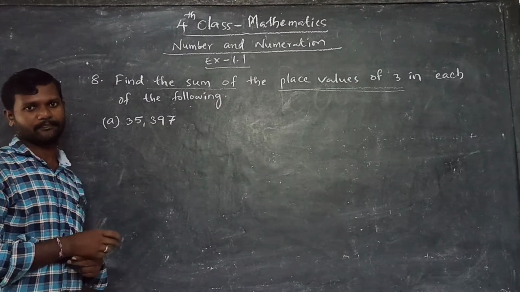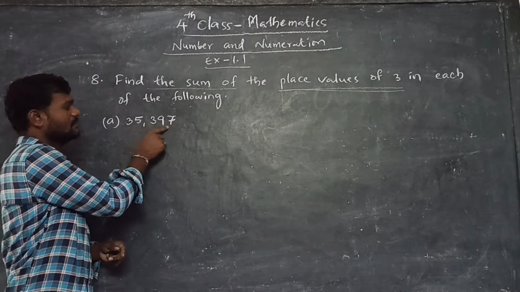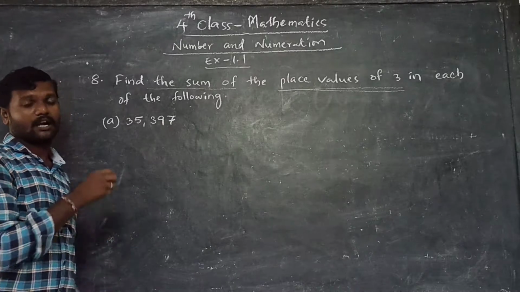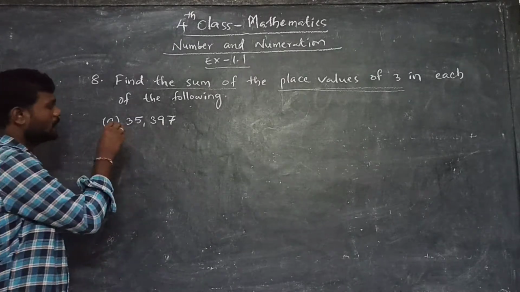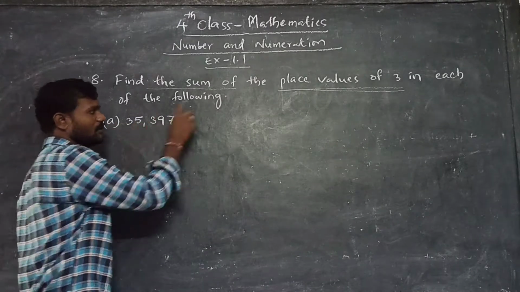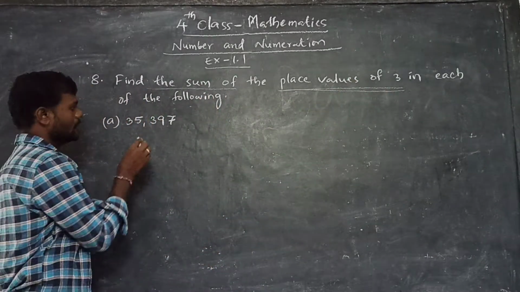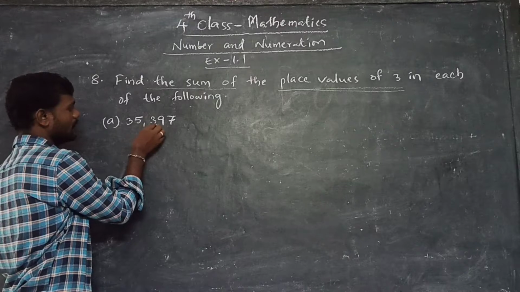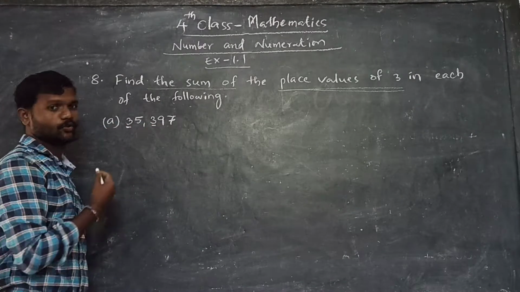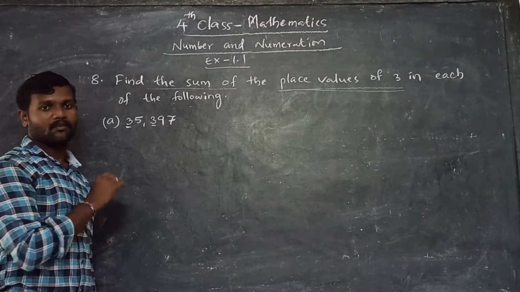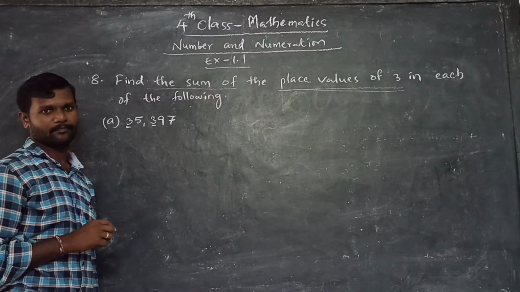This is the number here. How many 3's are there and what are the place values of them? We have to identify. How many places is 3 there? In one place and in another place. In two places 3 is there.